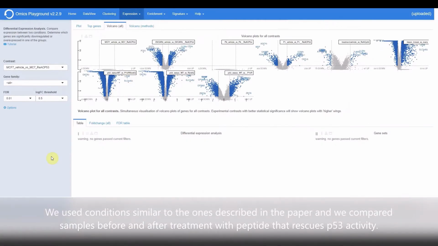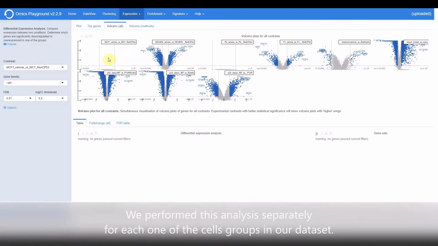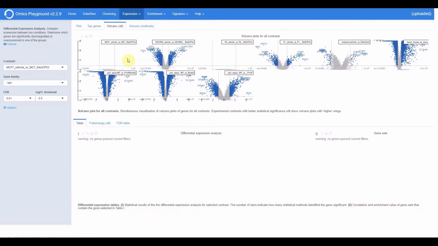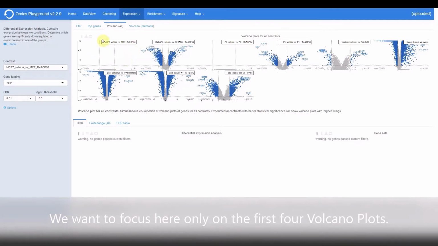We used conditions similar to the ones described in the paper, and we compared samples before and after treatment with a peptide that rescues p53 activity. And we performed this analysis separately for each one of the cell groups in our dataset. So we want to focus here only on the first four volcano plots.